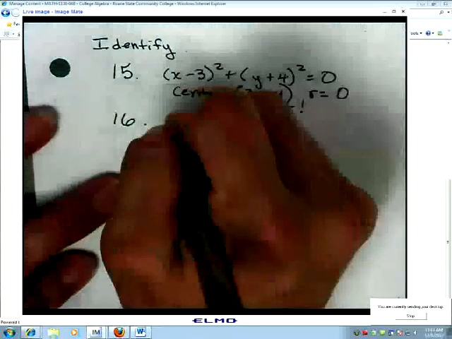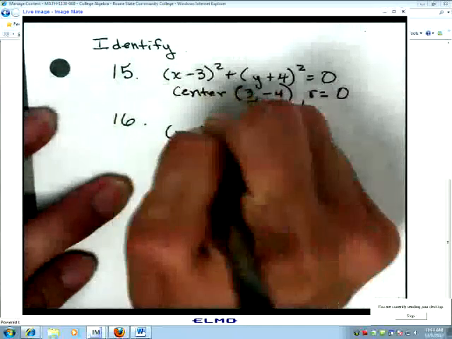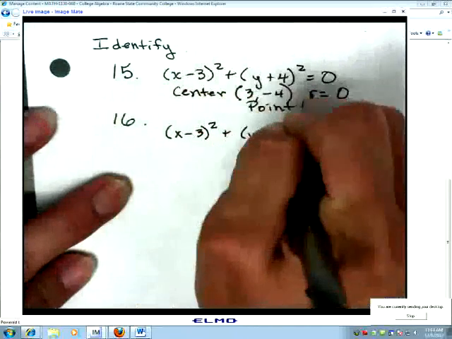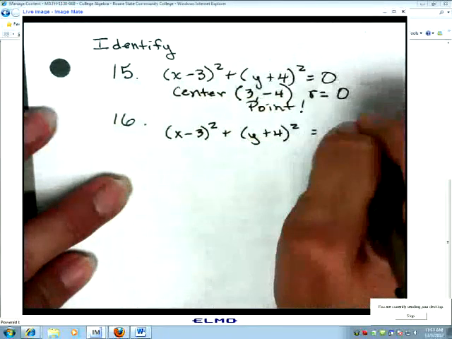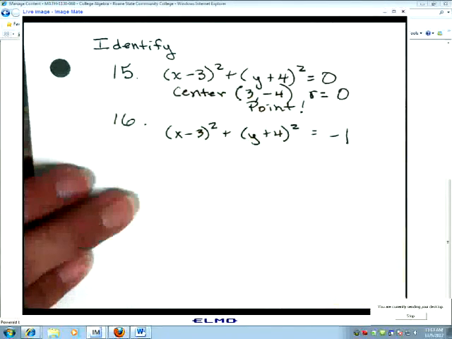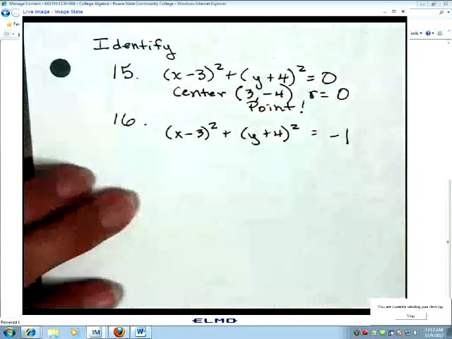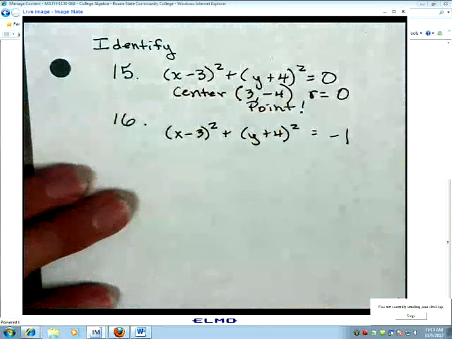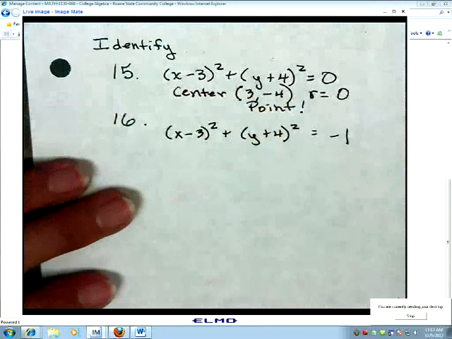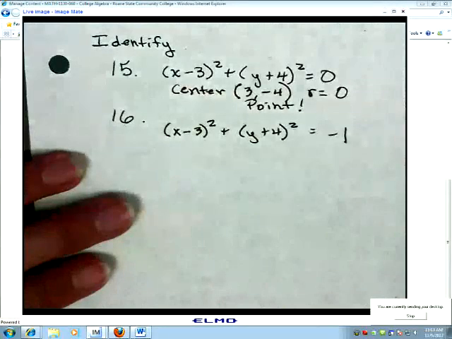And then if I gave you x minus 3 squared plus y plus 4 squared equals negative 1, then again, it looks like a circle with center 3, negative 4, but what?